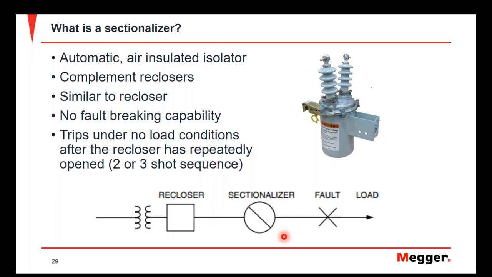It's not operating, and it counts the operations. Before the recloser locks out, it will open that specific branch without locking out the recloser and leaving the rest of the branches that depend on that recloser out of service. So it's a way to provide more reliability to the system and more service.